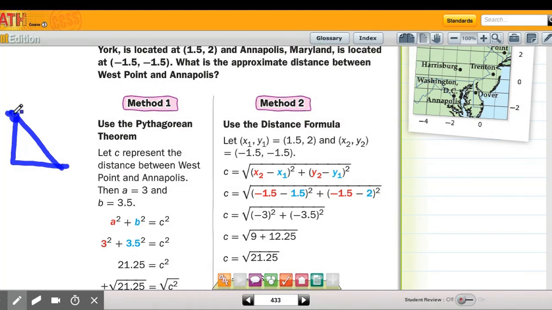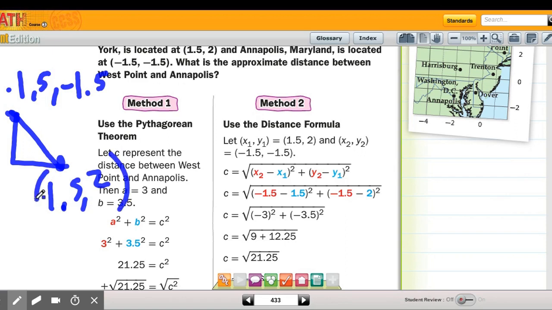You still have your point, and they're using this. My triangle didn't work out well, but we'll say this: they're using the negative 1.5, negative 1.5, and then they're doing 1.5. Whoops, that's a 1.5, 2.